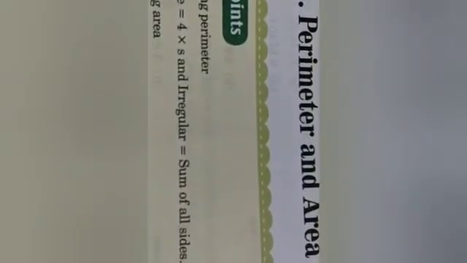So we'll start with the new chapter, perimeter and area, chapter number 14. In this chapter, you will learn how to use the formula for finding the perimeter, that is perimeter of rectangle, square and irregular figures.